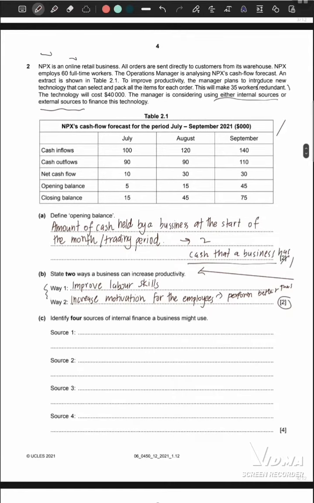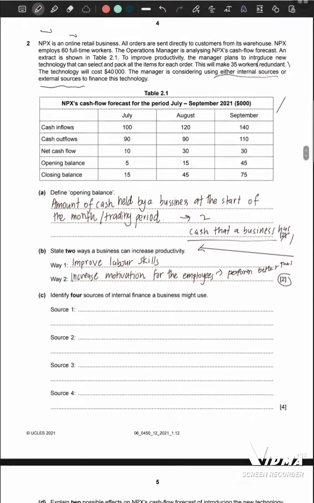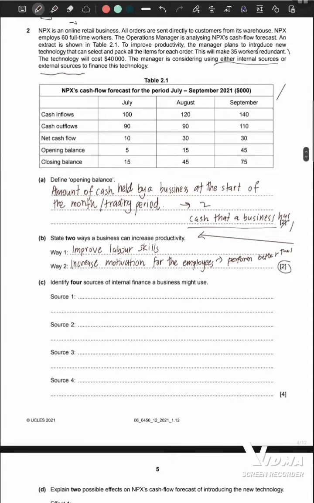There are many answers you can see in your marking scheme or in your textbook. There are many possible answers, but I think these are the most common ones, or most thought of when it comes to this question. For part C, we have: identify 4 sources of internal finance a business might have.